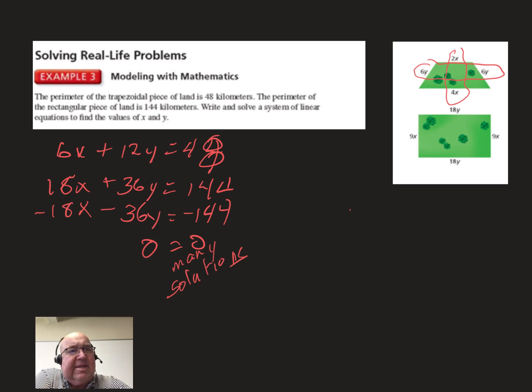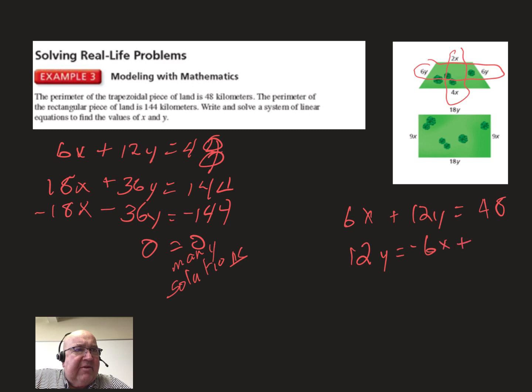So I'm going to take 6x plus 12y equals 48 and convert it to slope-intercept form. So I'm going to have 12y equals negative 6x plus 48. I'm going to divide by 12. And I'm going to get y is equal to negative 1/2 x plus 4.